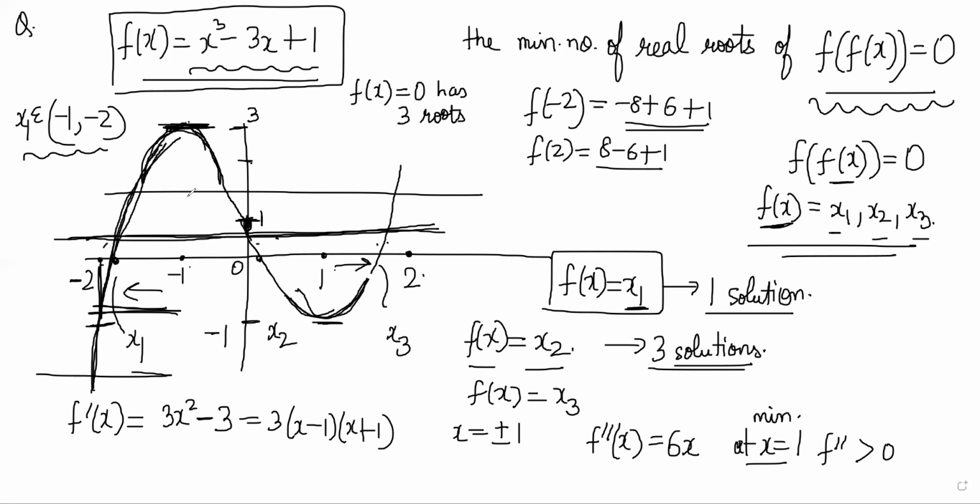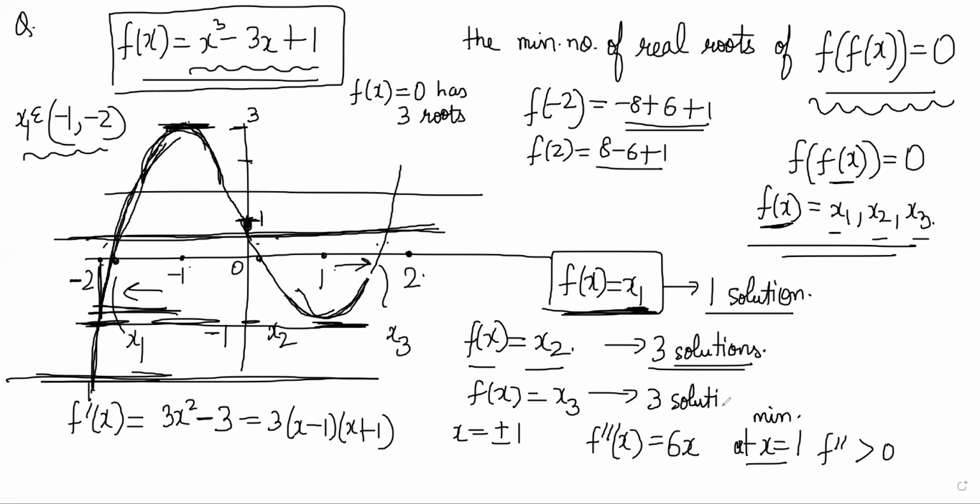Right. Are you understanding why only one solution for the first case? Because it is below -1, and -1 was the minima here. So only one line can cut, right? Yes. And here also 3 solutions can happen. So the total number of real solutions is 1 plus 3 plus 3, which is 7.